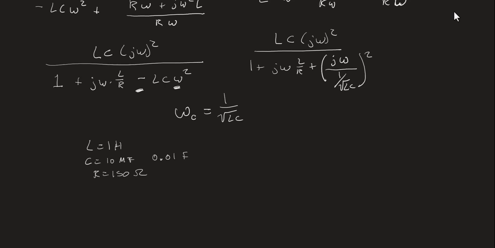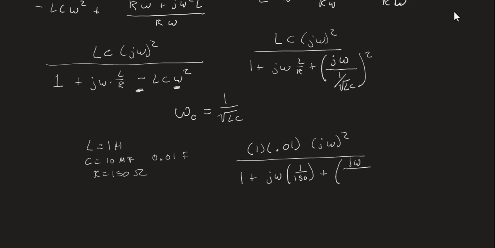So our transfer function becomes L is 1 times our capacitance, which is 0.01, j omega squared over 1 plus j omega times L over R, so 1 over 150, plus j omega over 1 over the square root of 0.01 times 1.